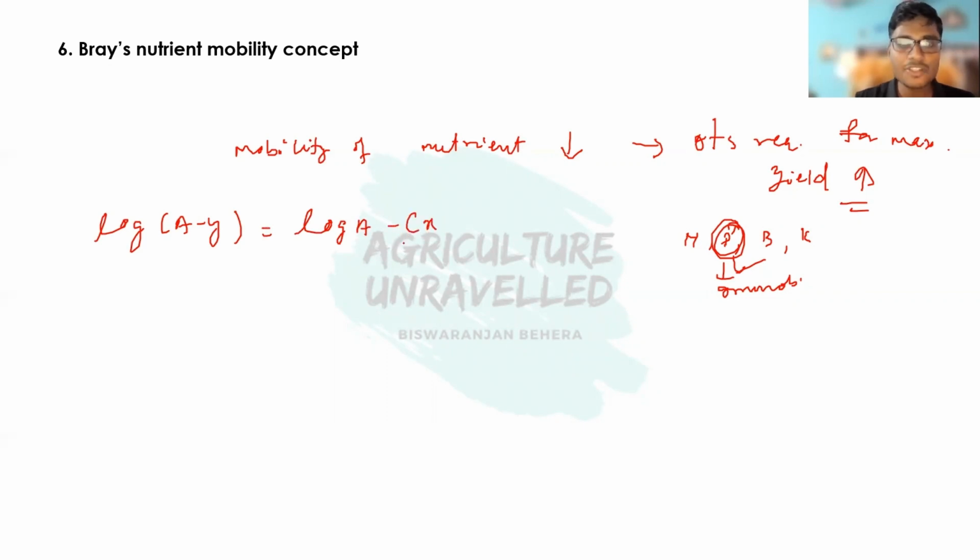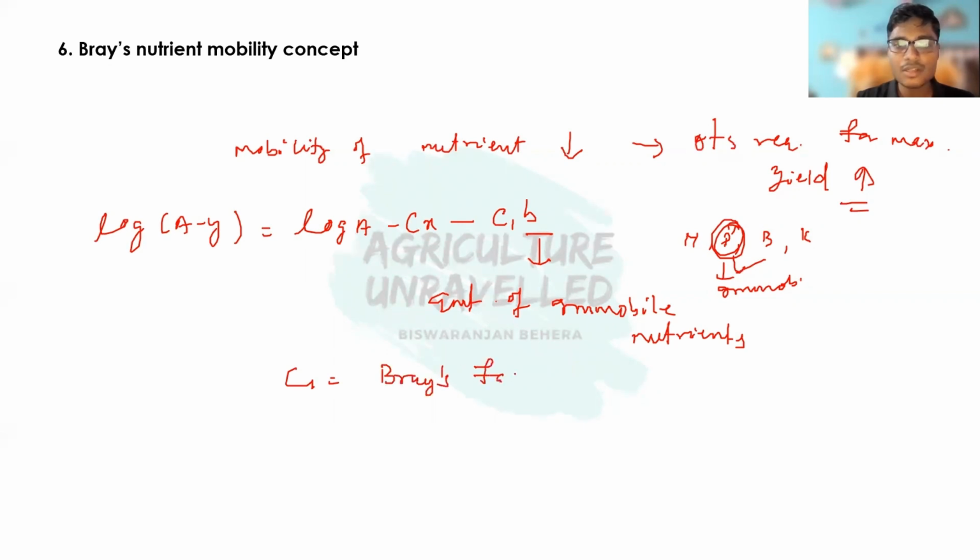This was the original Mitscherlich law, and he added another factor, that is C1b, where b is the quantity of immobile nutrients, and C1 is known as Bray's factor, or it is also known as the efficiency factor of immobile nutrients.